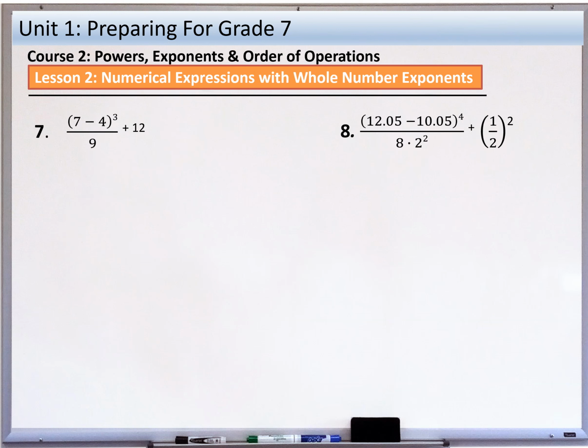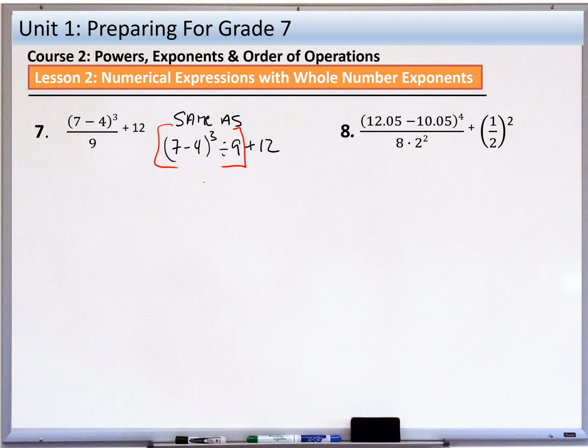All right, number 7. Okay, may not have been a little fair, but this is the difference of 7 and 4 to the power of 3 divided by 9 plus 12. Matter of fact, to be more specific, I could do it like this.